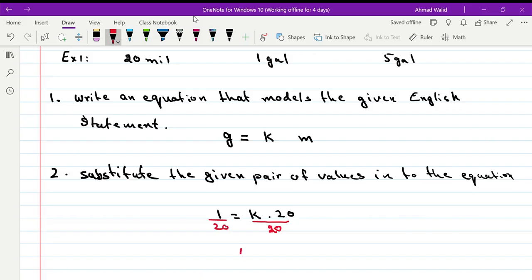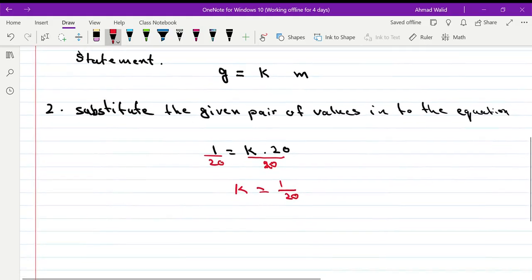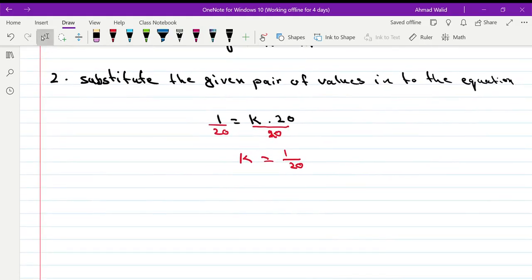Then you can write K equals 1 over 20. That is the constant of variation. It means in step 2, always with the variation problems, you have to find the value of the constant of variation.